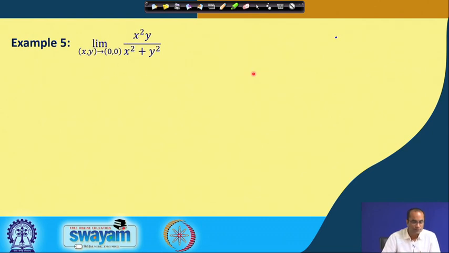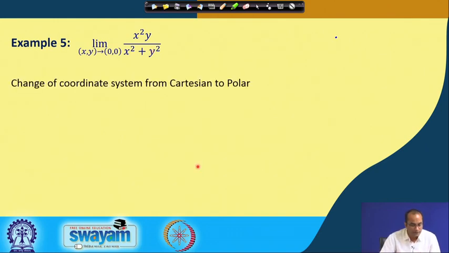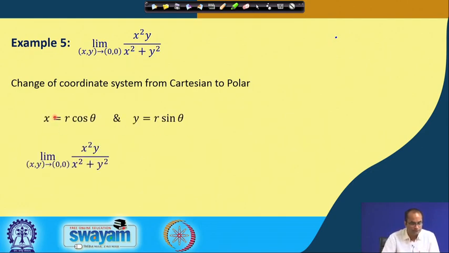But what we will realize in today's lecture is that this change of coordinate system in many cases is very helpful. For example, we consider this problem, x square y over x square plus y square, and if we change the coordinate system to polar, then by this substitution as earlier we can write this limit as (x, y) goes to (0, 0) of x square y over x square plus y square.